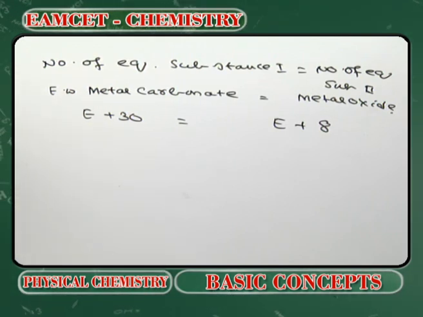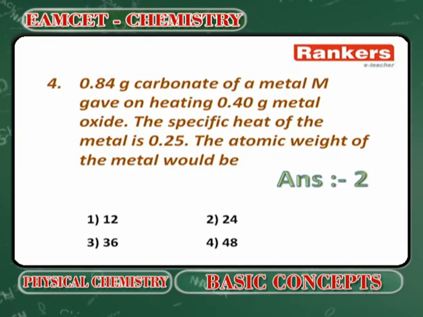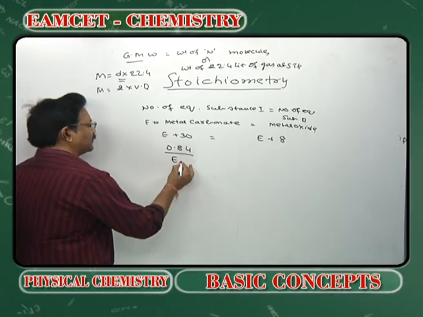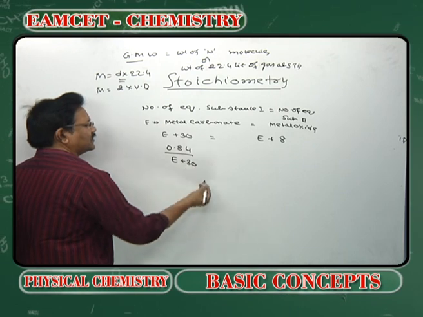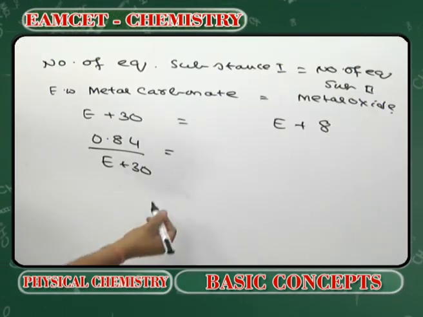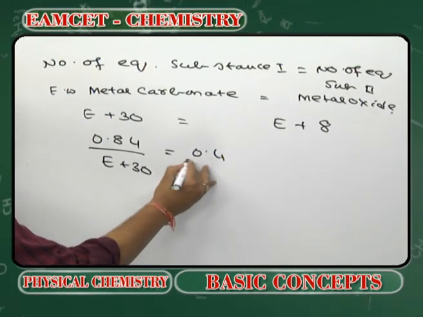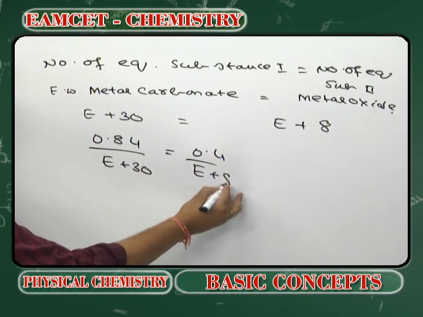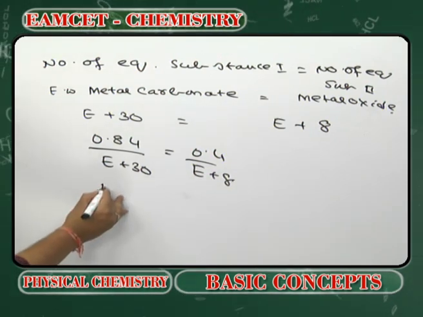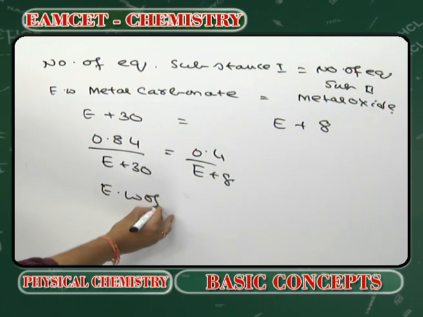Now the weight of the metal carbonate is 0.84 by E plus 30, by 0.4 by E plus 8. Solving, we get the equivalent weight of the metal.